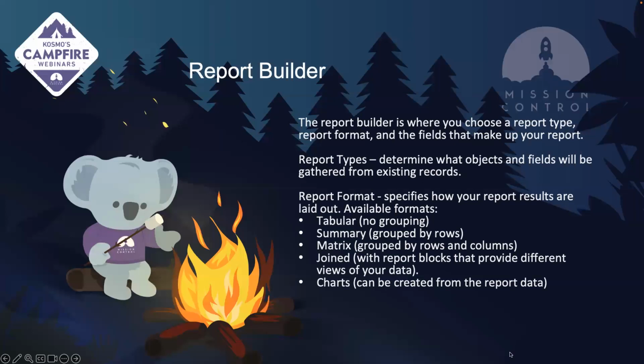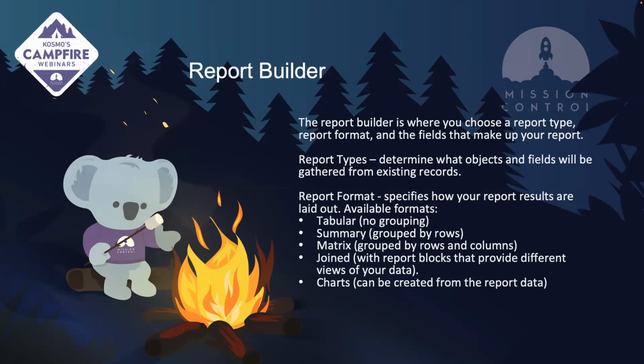There are also tools in the report builder that will allow you to create bucket fields, summary fields, row level formulas, and filters. We'll take a look at a few of those today. Your bucket fields are used to categorize report records without creating a formula. And it can allow you to create a range and then name the range for that bucket.